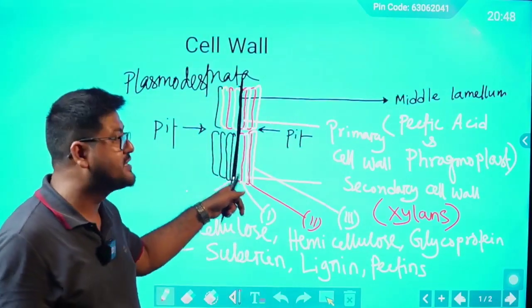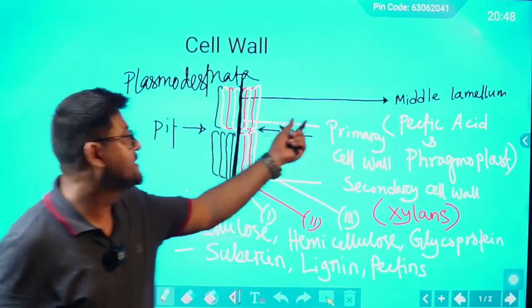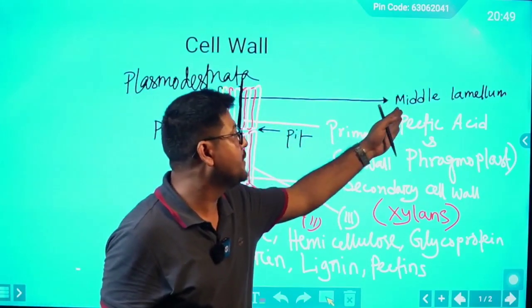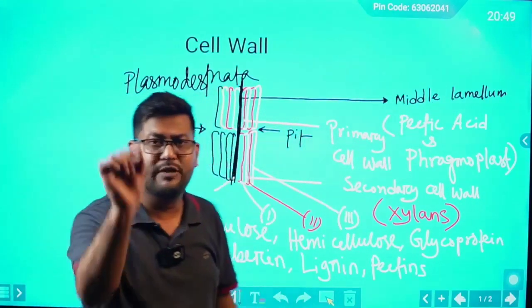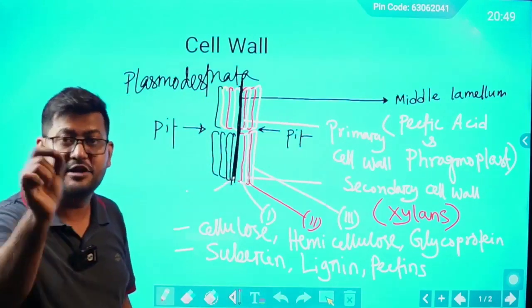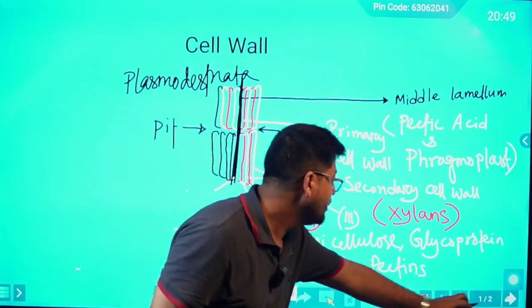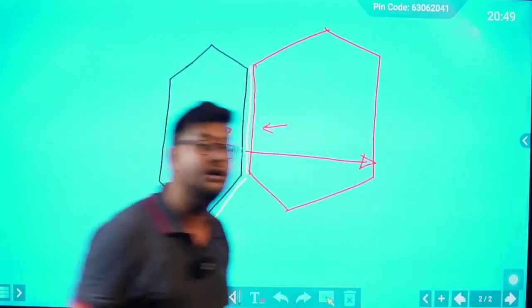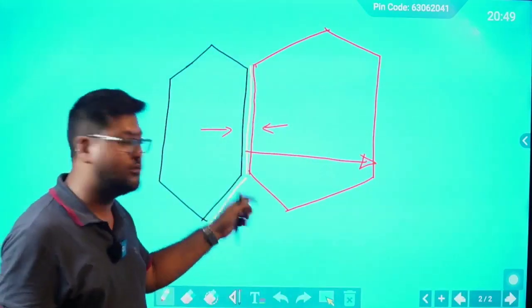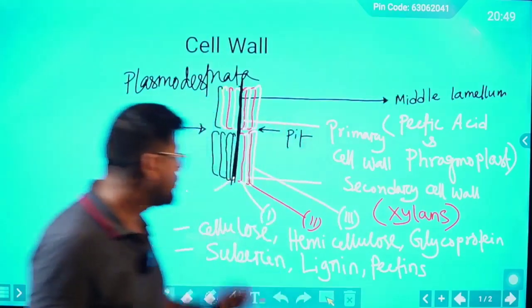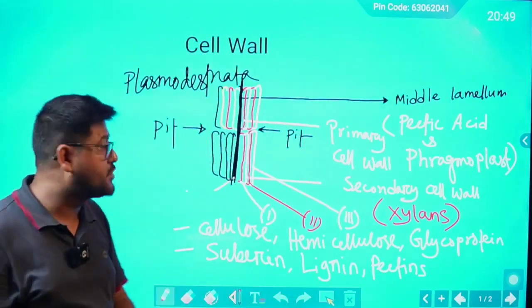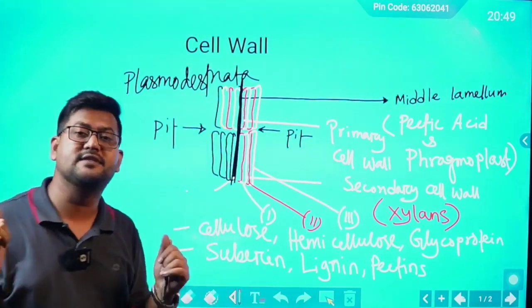Sometimes you will see the middle lamellum in an option. So the middle lamellum is the common lining, it is the more correct answer, although cell wall is also a correct answer, but in a broad sense you can say it is the cell wall, while in microscopic view or in short form you should say it is the middle lamellum.